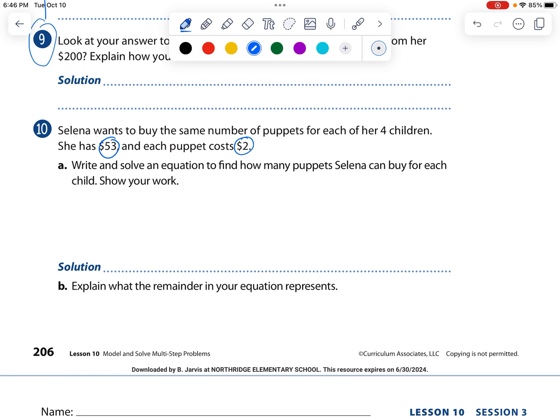We need to know how much money she'd spend if she bought just one for each child. So she has 4 children. Each of the puppets costs $2. And then we would divide that into 53 because that's the total amount she has. So that would end up being 53 divided by 8.